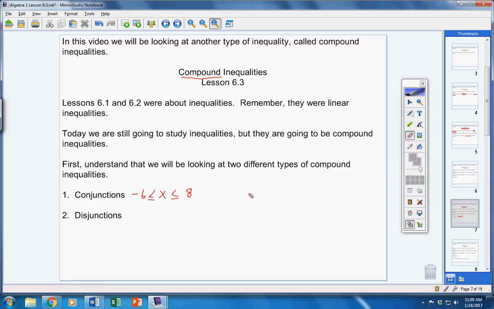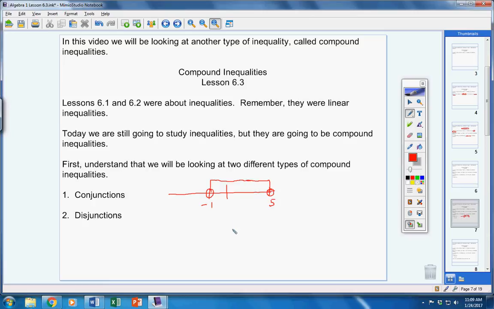Now, here's what the graph looks like when you graph a conjunction on a number line. You'll have a point here, we'll say at -1, and a point here at 5, let's say. Please copy this down. When you graph a conjunction, it will always come together like this.